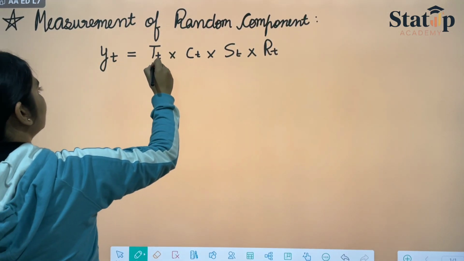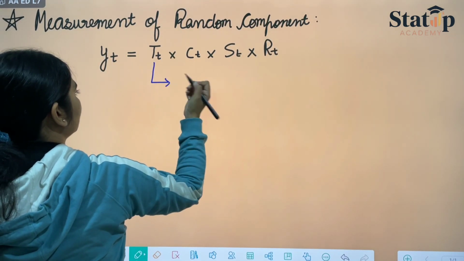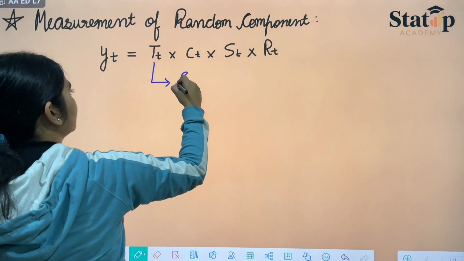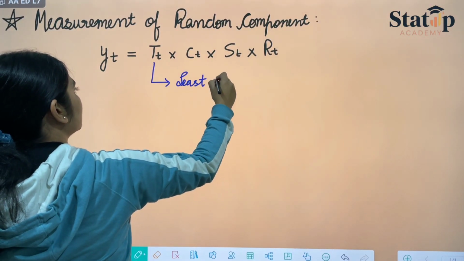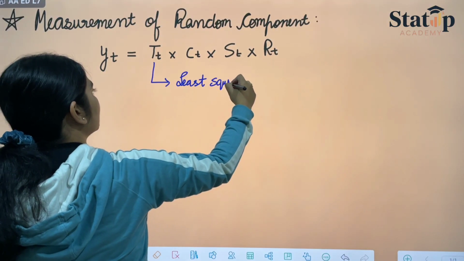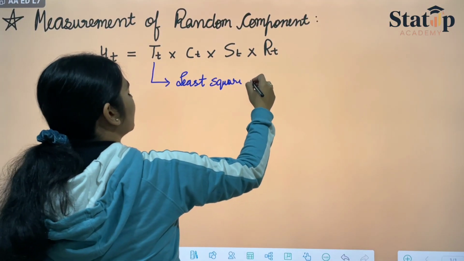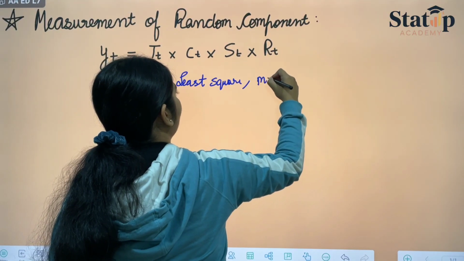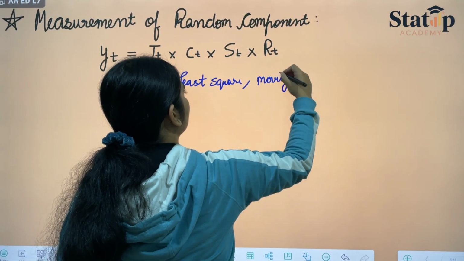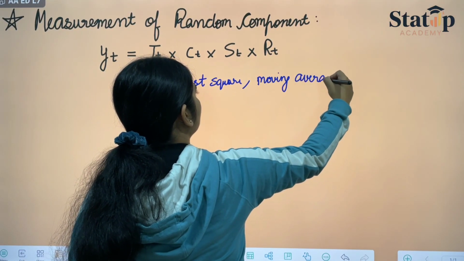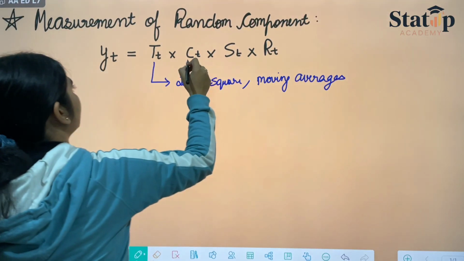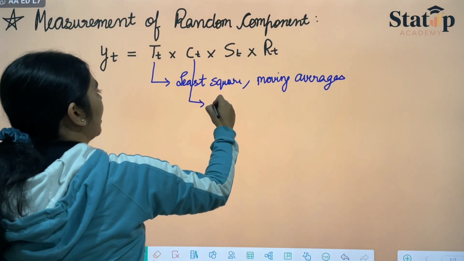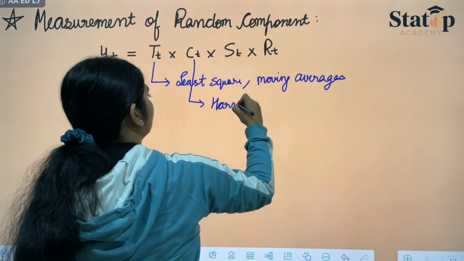This we have done. Trend we measured by the method of least squares, method of averages, moving averages, like that. Cyclical we have done by the harmonic analysis method.